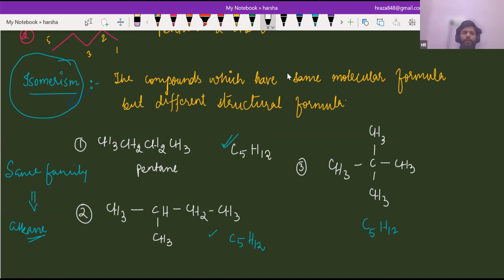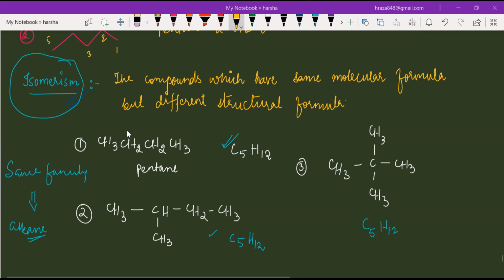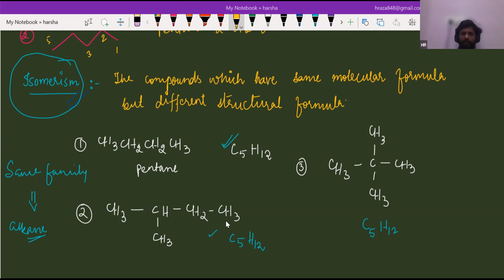Do let me know when you're done. Same chemical formula, different structural formula, that is called isomerism. Can I change the slide?